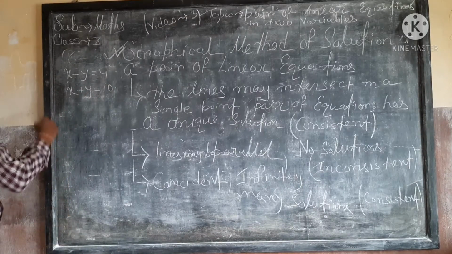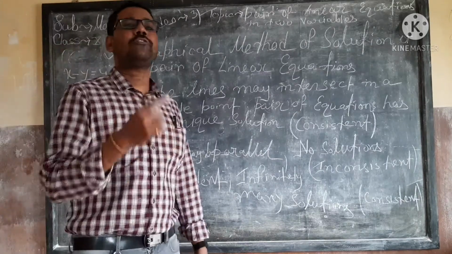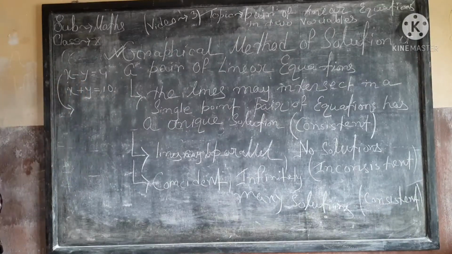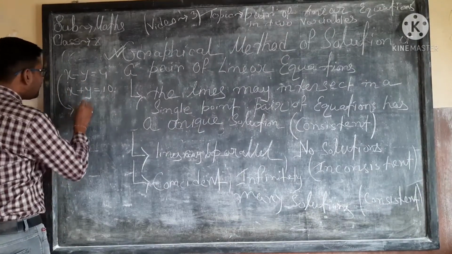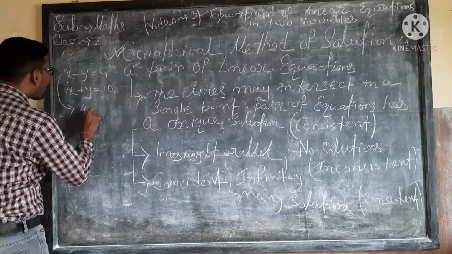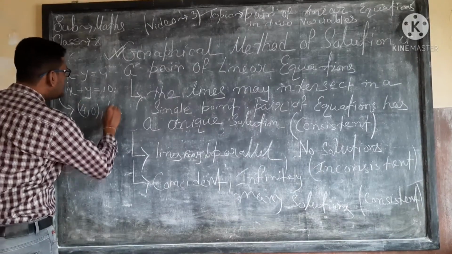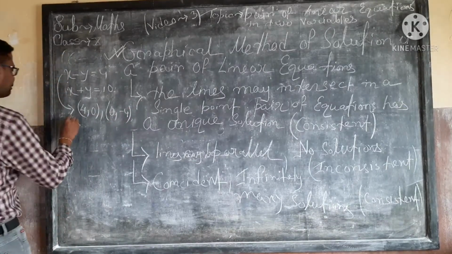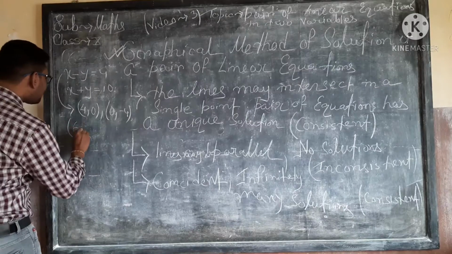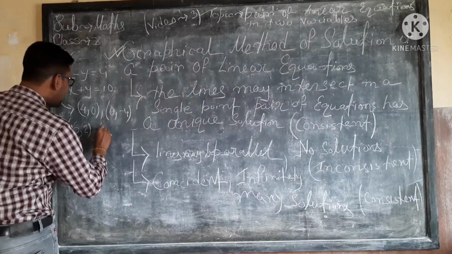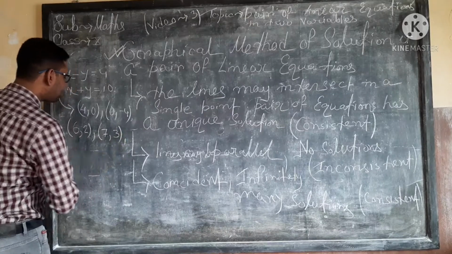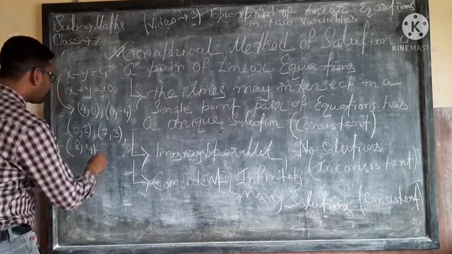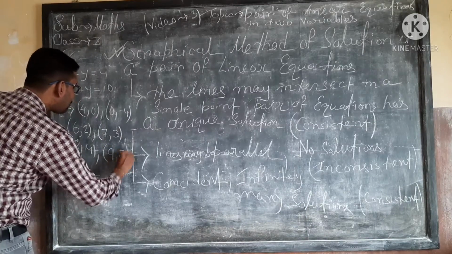If you try to find the solutions of each linear equation, for the first one the solutions are (4, 0), (0, minus 4), then (6, 2), (7, 3), (8, 4), (9, 5), and so on.